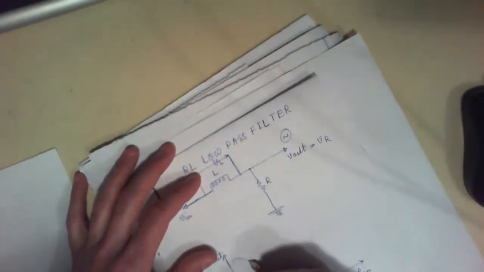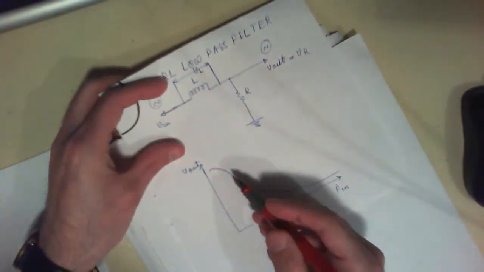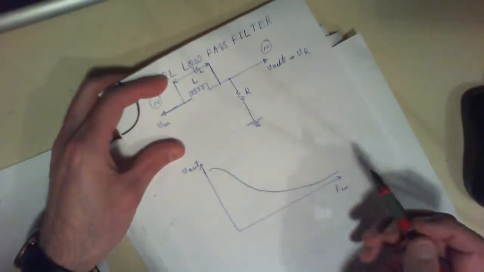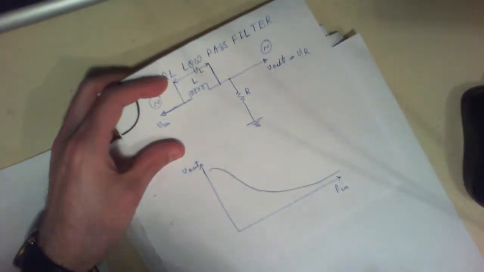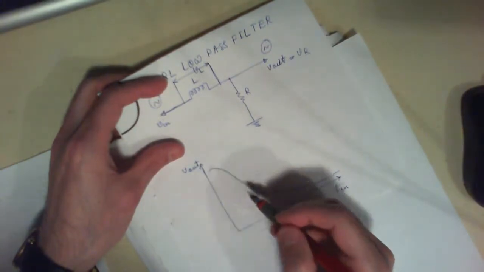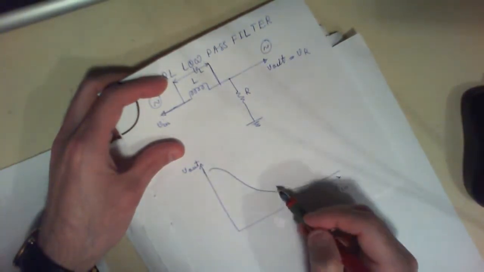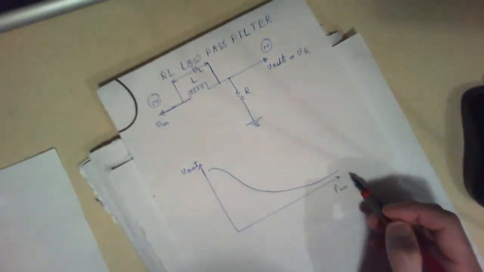Then you will get some graph like this, meaning that at lower frequencies you have your full power supply voltage at the output, and then as you increase the frequency, the output signal amplitude is going to decrease and get closer and closer to ground.